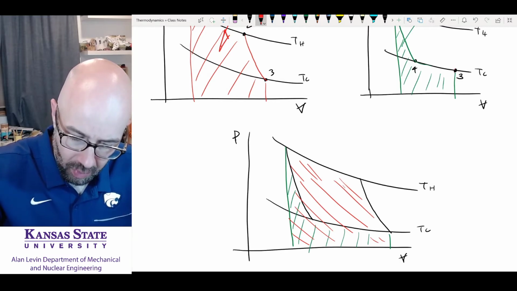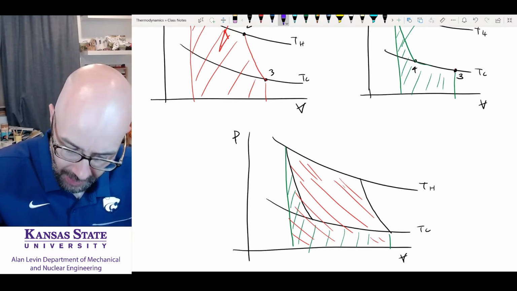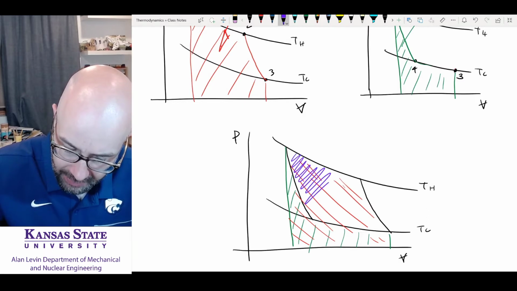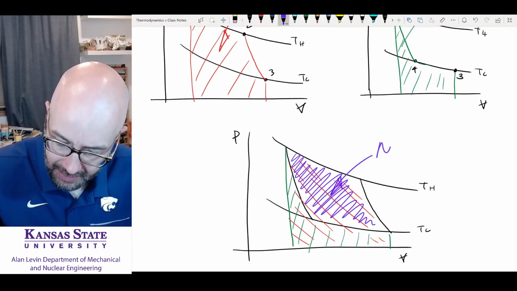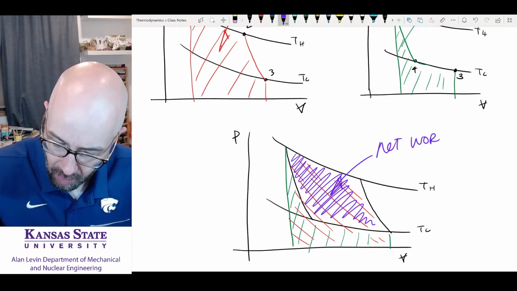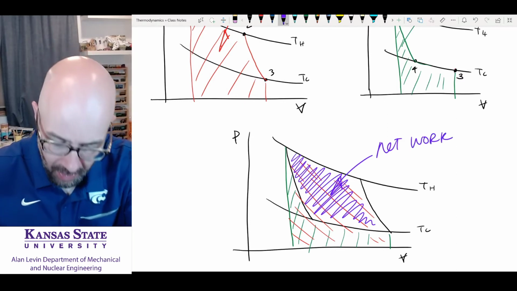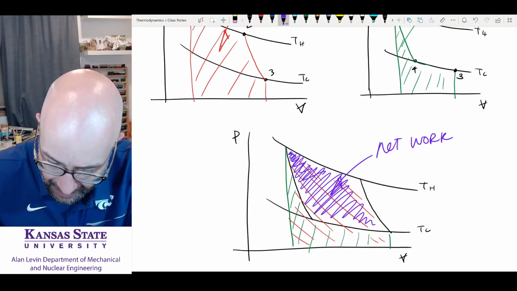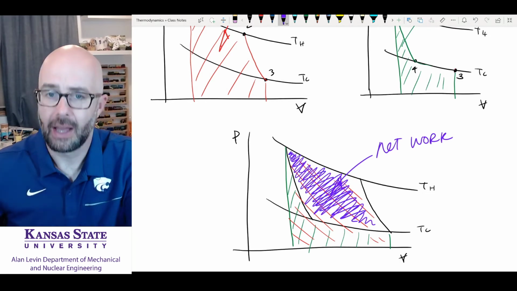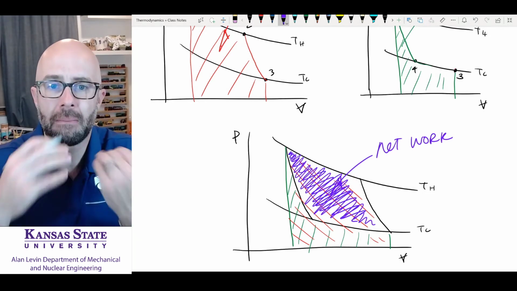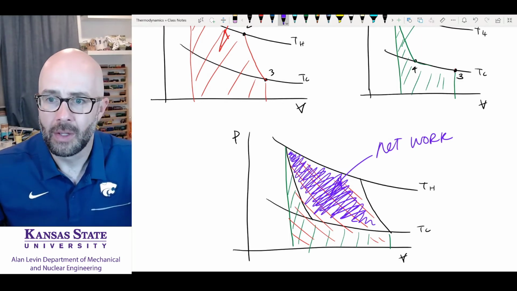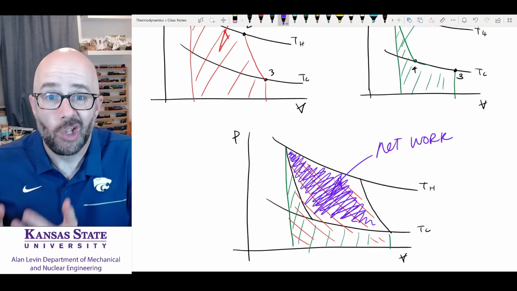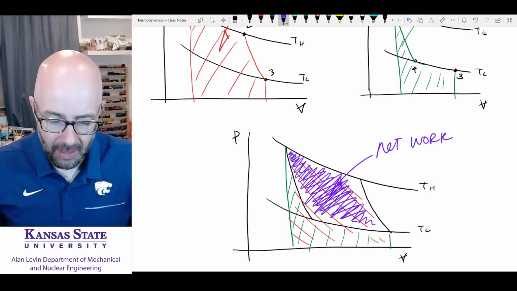What we're enclosing is all this area inside of here, and this is going to be the net work. The net work is what's enclosed inside of that: the generated minus the required. Okay? So you again need to look at this visually and understand what it means.